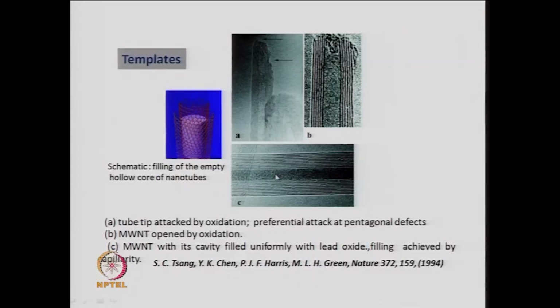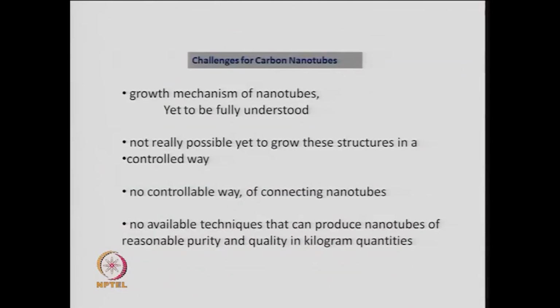So, you can fill the nanotubes with different materials, and if you want a lead oxide nanowire of a particular diameter, then you choose a carbon nanotube of a similar diameter, and after filling the nanotube you can burn off that carbon. What will remain is only the material which is inside. So, you will have wires of this material. That is how carbon nanotubes can be used as templates.